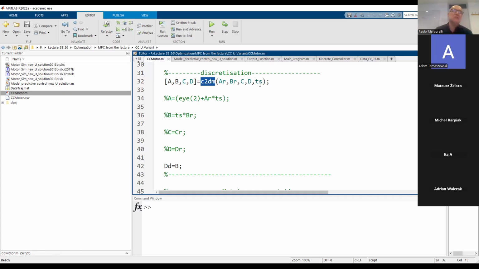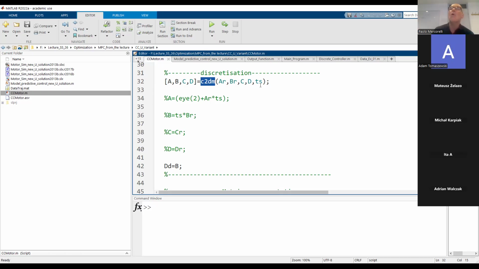We have some options: forward Euler, backward Euler, and so on. Do you remember I told you that if you don't put any option, we have the exact discretization: z equals the exponential function of minus s t over Ts.